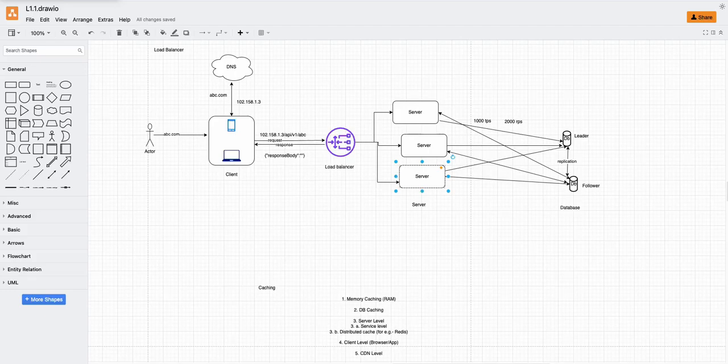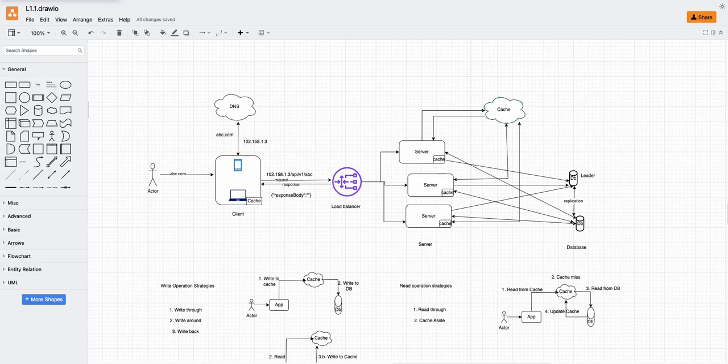The fifth type of caching that we can introduce in our system to reduce the load is CDN level, which is content delivery network. We will have a detailed discussion about CDN and client level caching, but this particular session is all about server level caching.